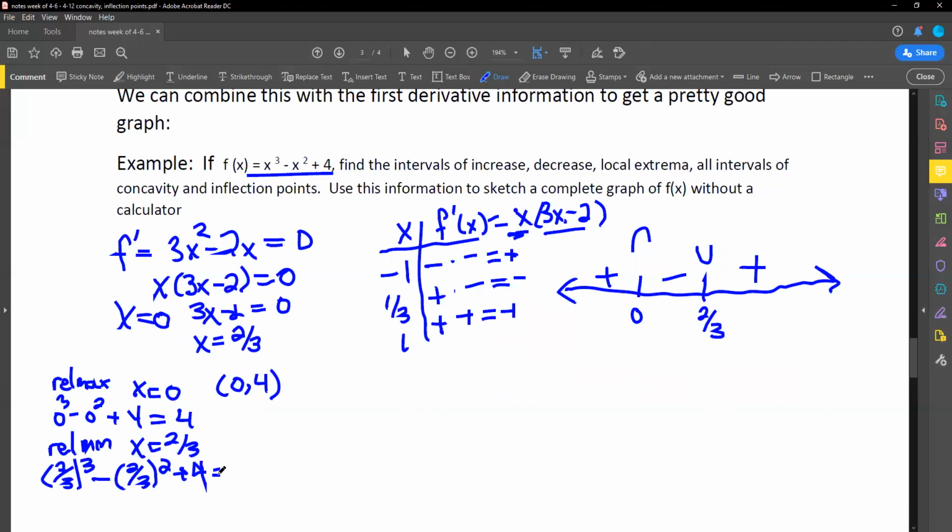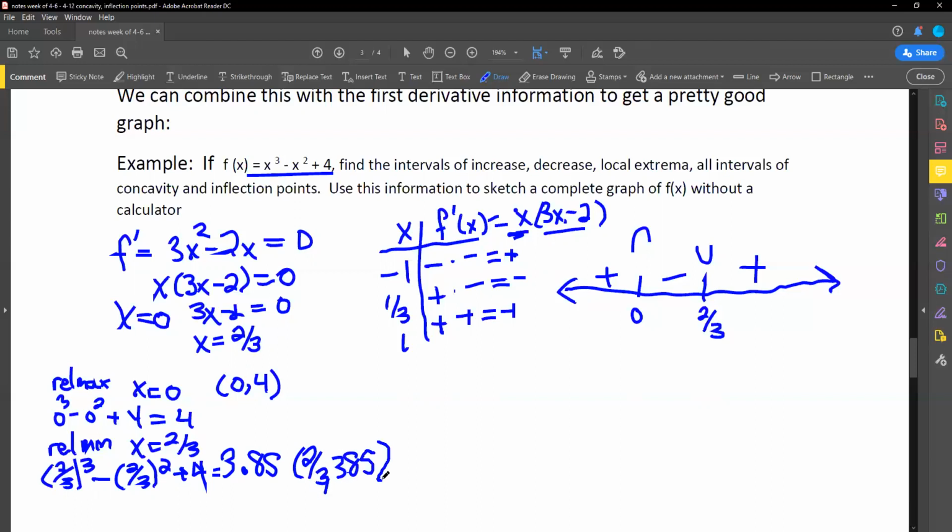Let's see. 2/3 cubed minus 2/3 squared plus 4, and I get, let's see if I can get a fraction out of it. Ugh, it's a gross fraction. I'm going to call it 3.85. Okay, that's about as good as it gets. So we have a relative minimum at the point (2/3, 3.85).